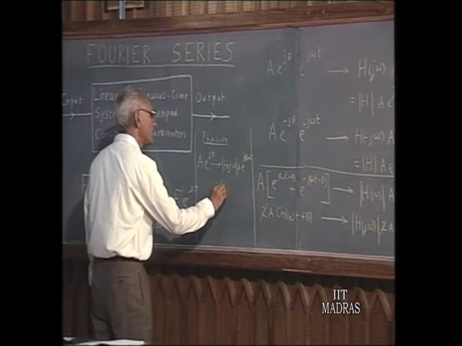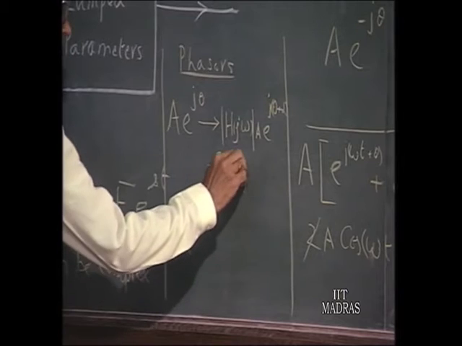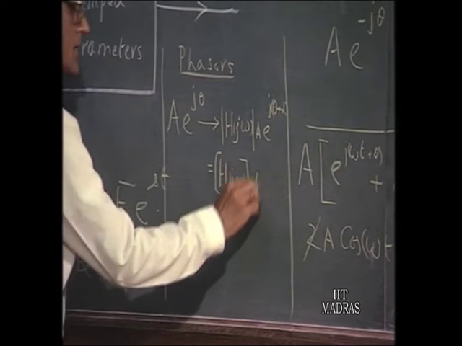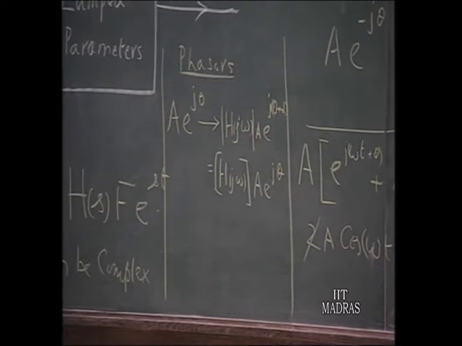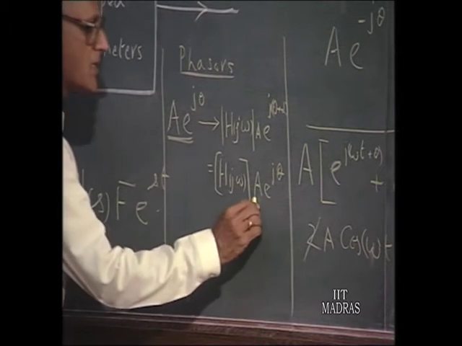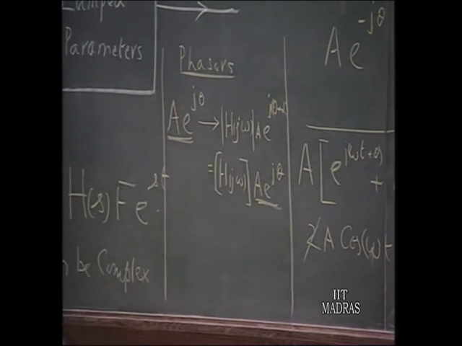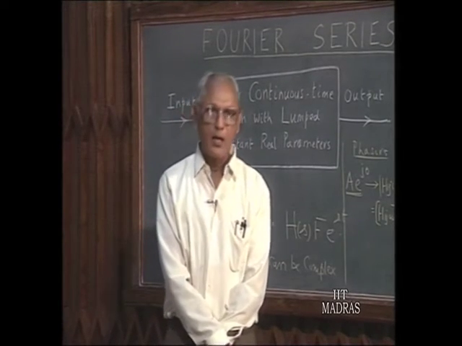Therefore, this can very well be written as H(j omega), not the magnitude, but the entire quantity, times e to the power of j theta. So, what do we have now? The significance is that if you have a phasor here as the input, the output phasor is obtained by multiplying e to the power of j theta by H of j omega. This is the principle that we use in AC circuit analysis.